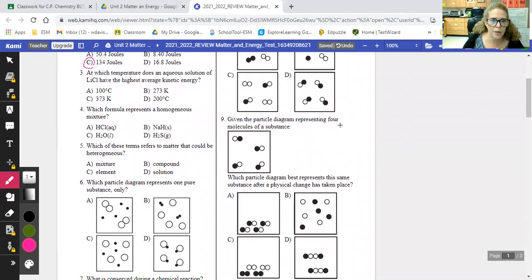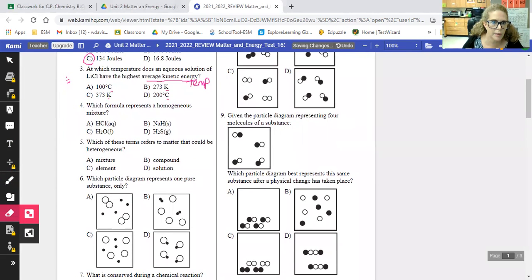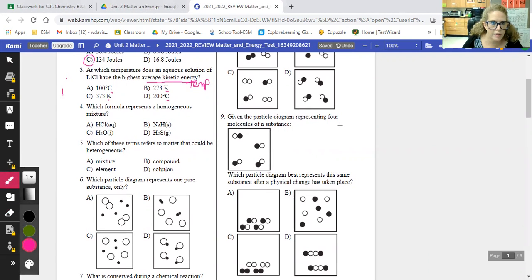At which temperature does an aqueous solution of LiCl have the highest average kinetic energy? Average kinetic energy means temperature. Let's try that question using the word temperature instead. I have Celsius and Kelvin temperatures here, so I need to compare them all using the same unit. Going to table T, Kelvin is equal to the Celsius temperature plus 273.